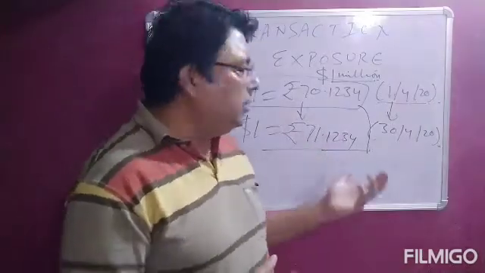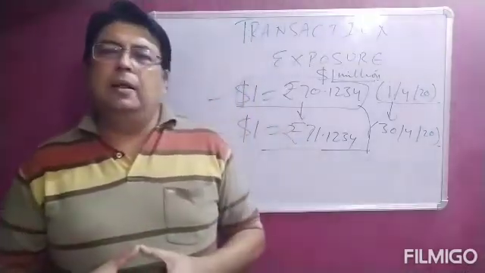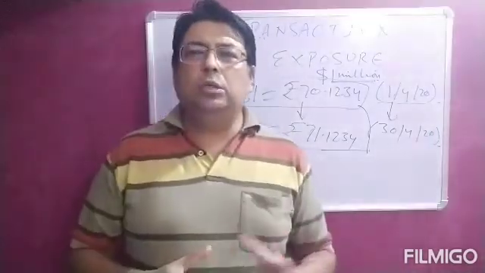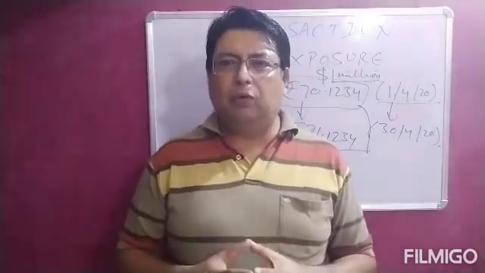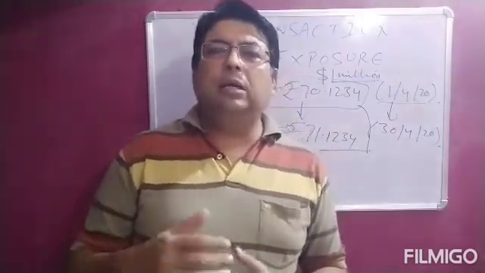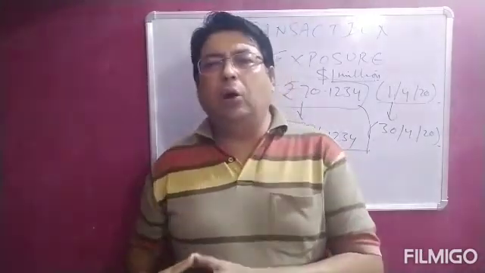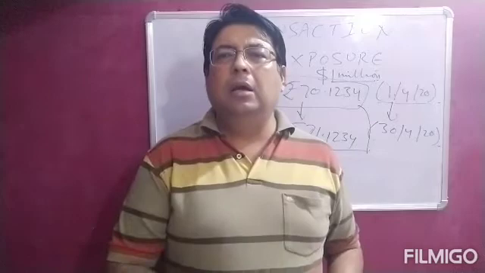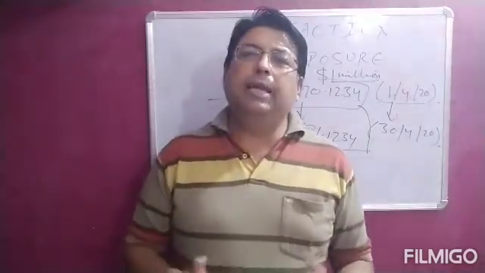The rate may be 69 or 71 depending on the forecast of the market. This is how the exporter will be able to streamline its cash flow, meaning it will get away with the uncertainties of the future spot market. So this is how the exporter can manage its risk through a forward contract.